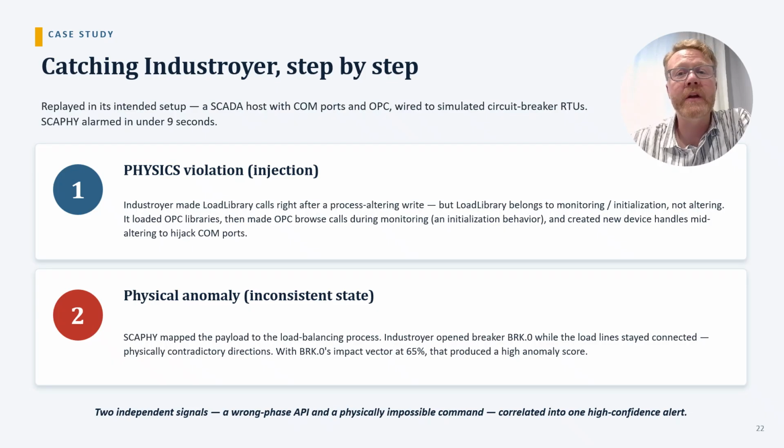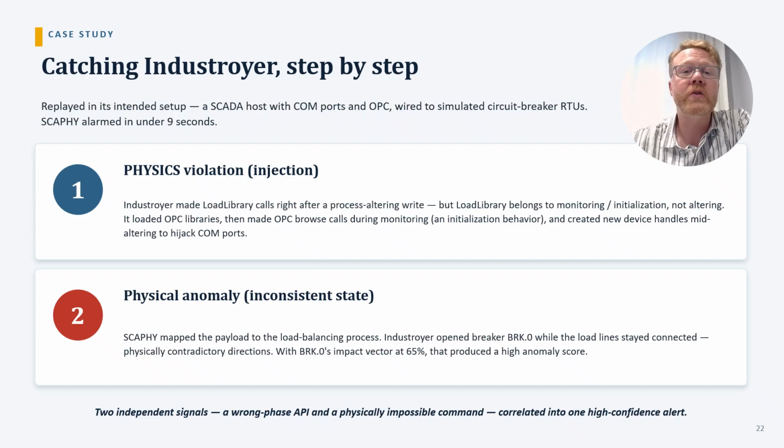So let's look back at the in-destroyer use case to tie the pillars together. First, the attack created a physics injection violation. It made setup style calls. It did load library, OPC browse, new device handles, and it pulled those during the process altering phase, which was the wrong phase. Setup style calls can only be made during the initialization phase.